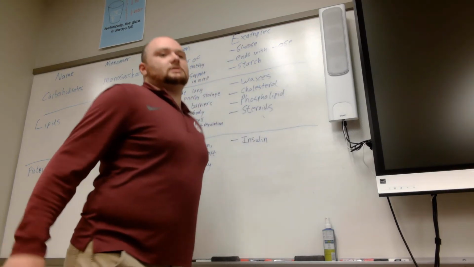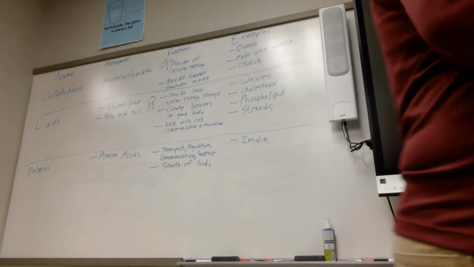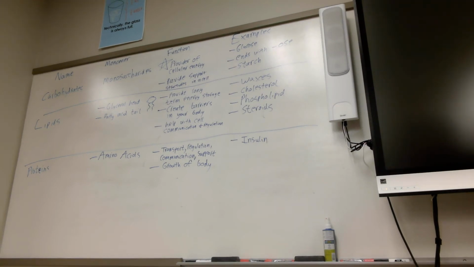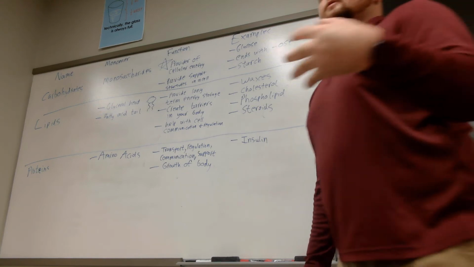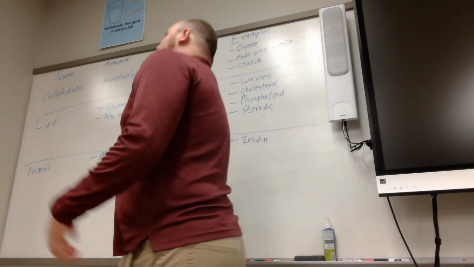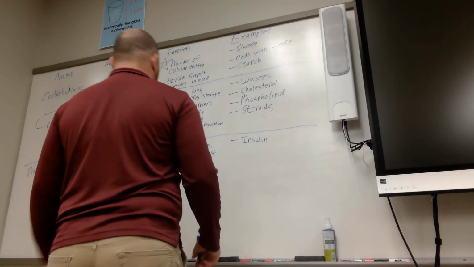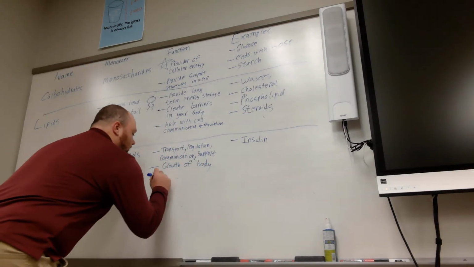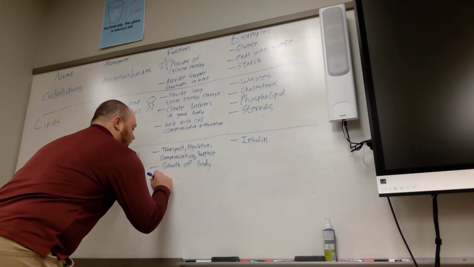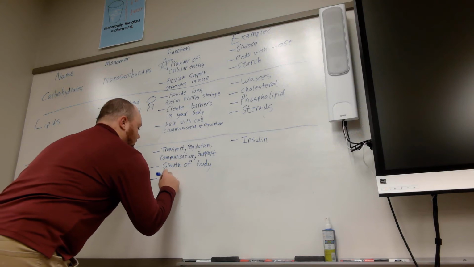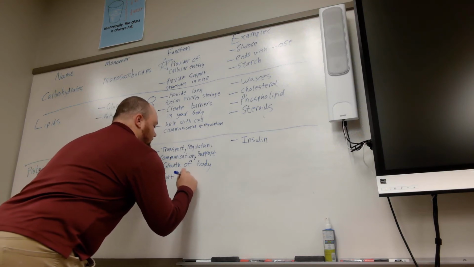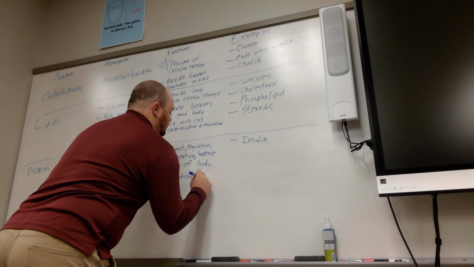Insulin is a protein. Okay, it's a very important one. It's the one that diabetics tend to struggle with. All right. Something else that you guys might have heard of. This is what your body uses. Which is another example. These help fight diseases. Okay.